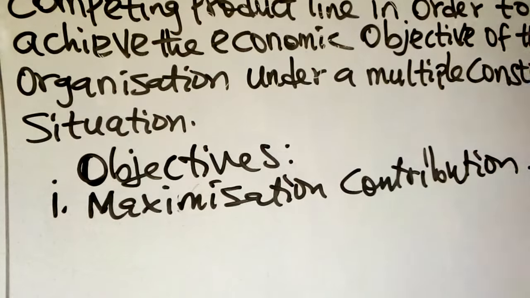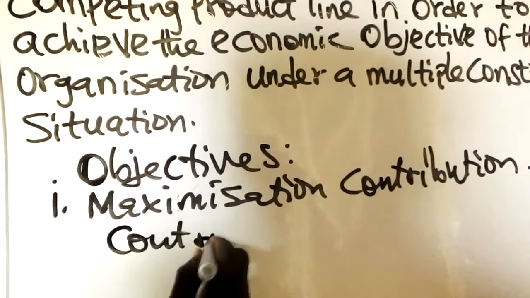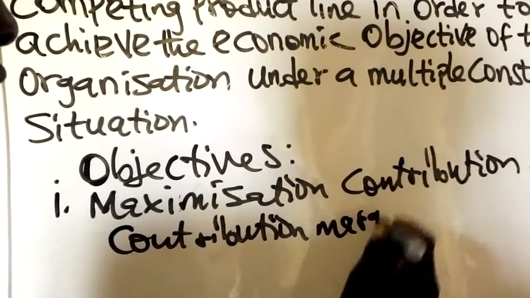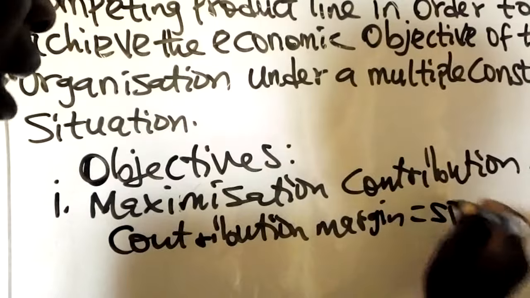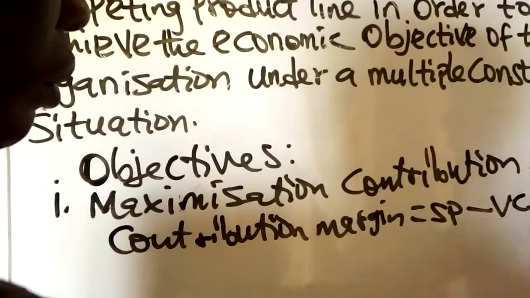Your contribution margin is equal to selling price less variable cost per unit.